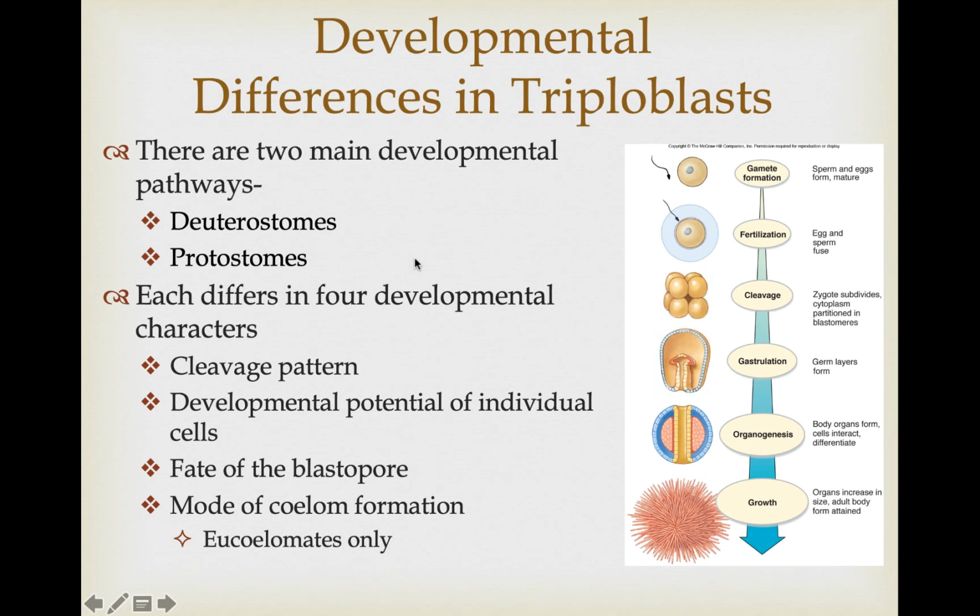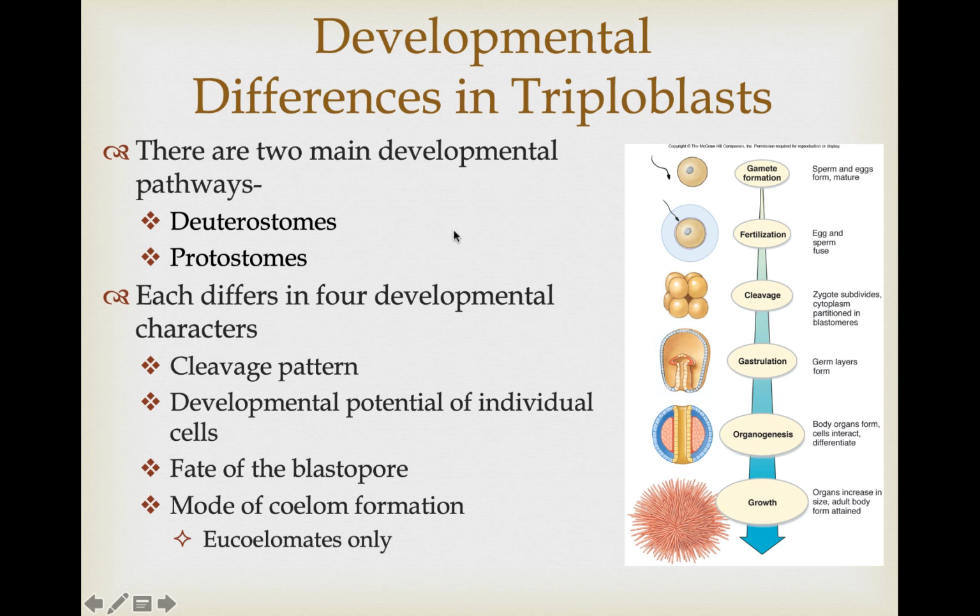All right, well, let's look at some of these developmental differences in triploblastic organisms and how that can produce a body cavity or not, and the different ways that we can form a body cavity in eucoelomates. This has led to two major lineages in animal groups, which we refer to as the deuterostomes and the protostomes.